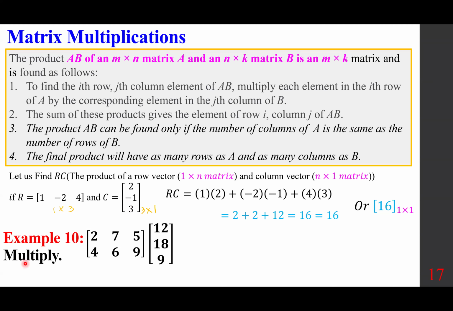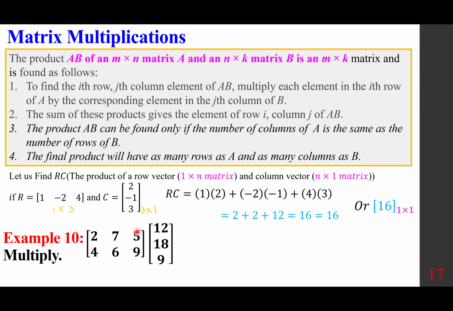Here's an example. We want to multiply this matrix by this matrix, and the very first thing we are going to do, we are going to write the dimensions. I can't emphasize this enough. Whenever you want to multiply matrices, write their dimensions and the resulting one. So clear, and more importantly, can it be done?